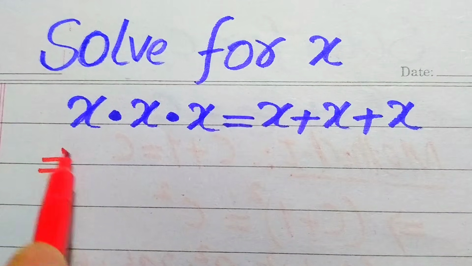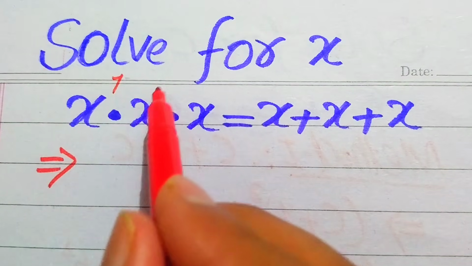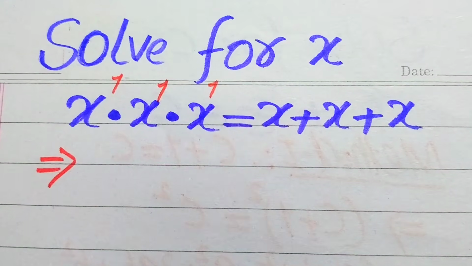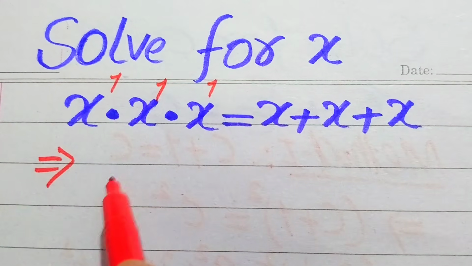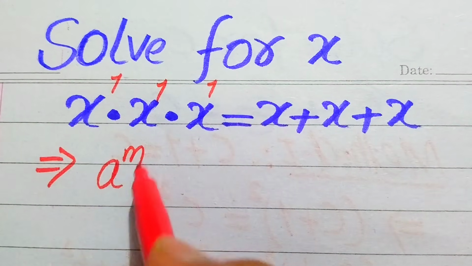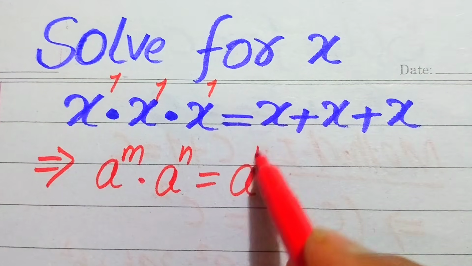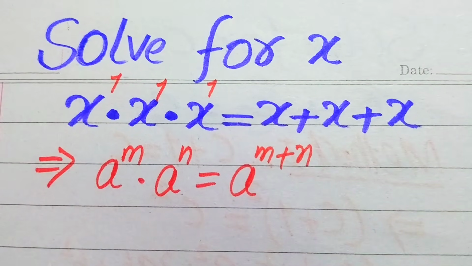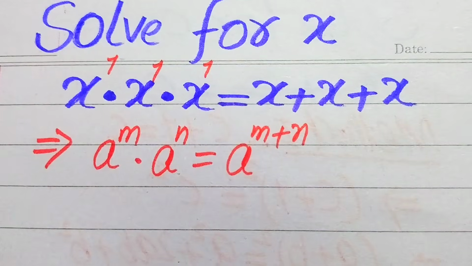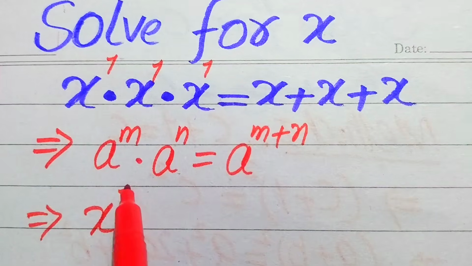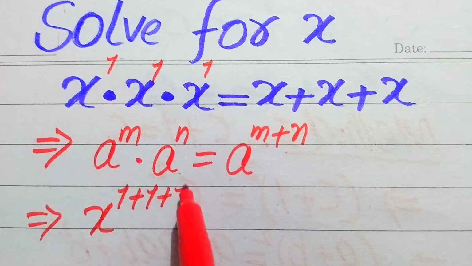You see that the exponent of all these three terms is 1, and here we use this nice exponential rule. You know that if we have a to the power of m multiplied by a to the power of n, this is equal to a to the power of m plus n. So according to this rule, we add the exponents of all these three terms, and this will be written as x to the power of 1 plus 1 plus 1.